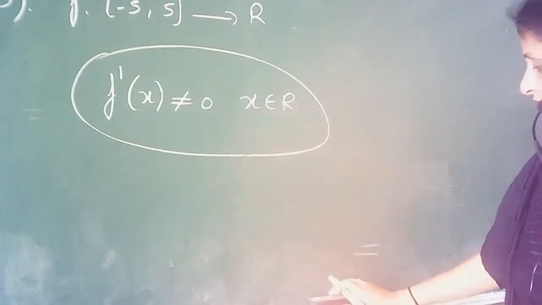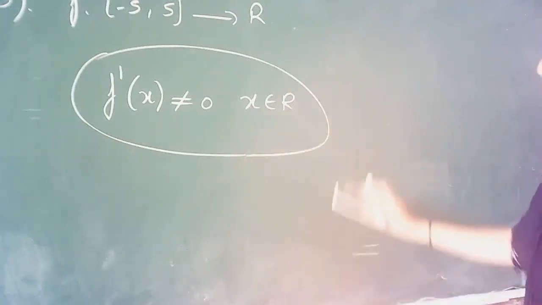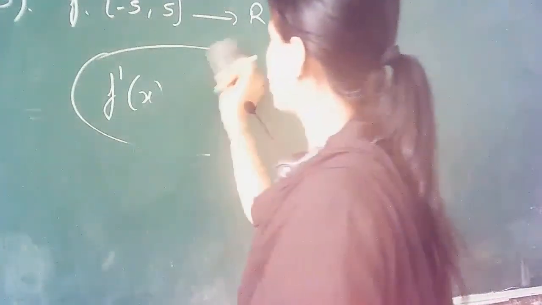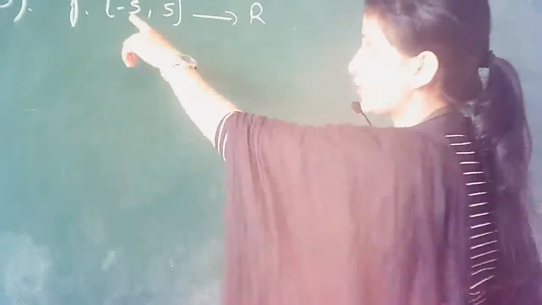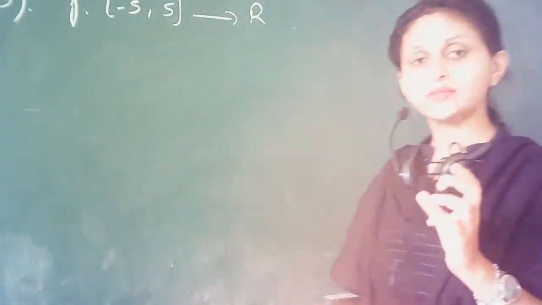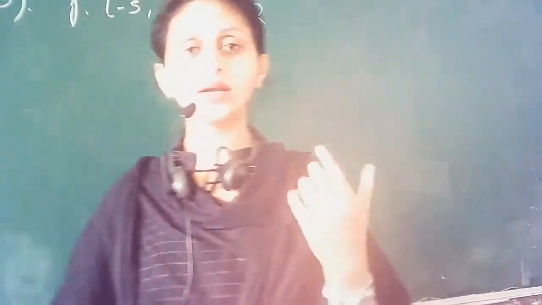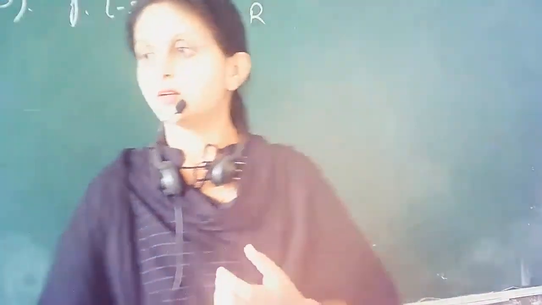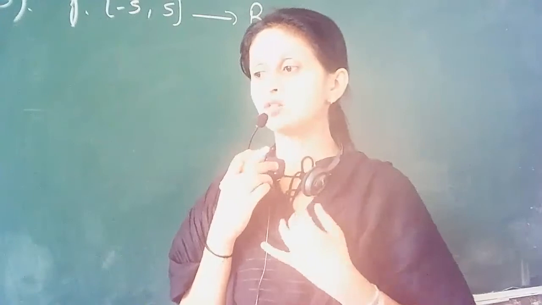Okay, now let us see. We have to prove that f of minus 5 is not equal to f of 5. This is to show that the function values at these two points are not equal. So which theorem comes to your mind when we say that function values are not equal at end points? Is it Rolle's theorem or mean value theorem?